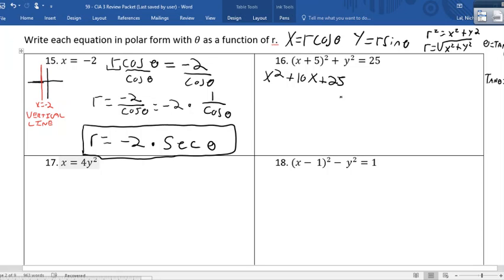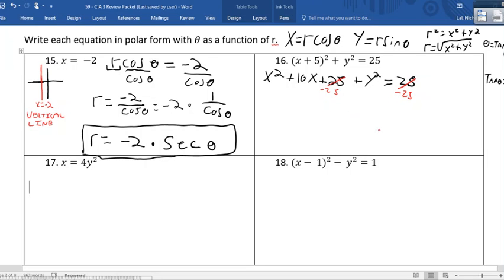All right, plus y squared is going to be equal to 25. And there's a couple things we can do to simplify here. This positive 25, we could subtract 25 from each side and have these 25 cancel out.